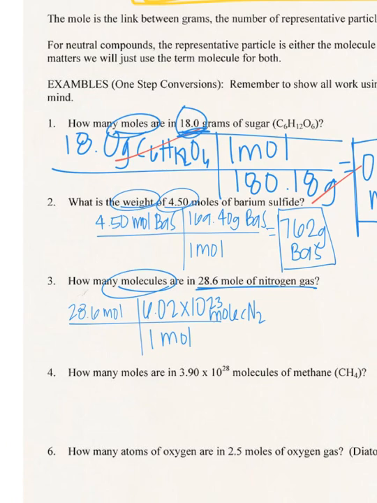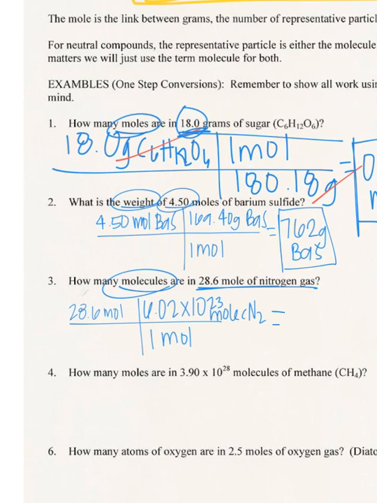When I do that math, I get 1.72 times 10 to the 25th molecules of N2, which makes sense because I should have a lot of molecules. Those things aren't very big.